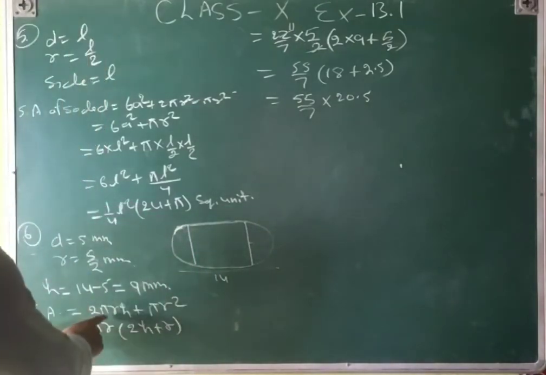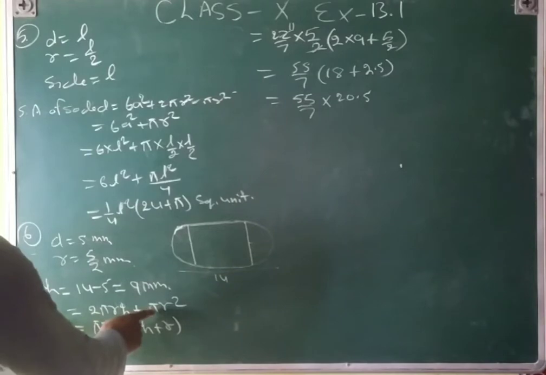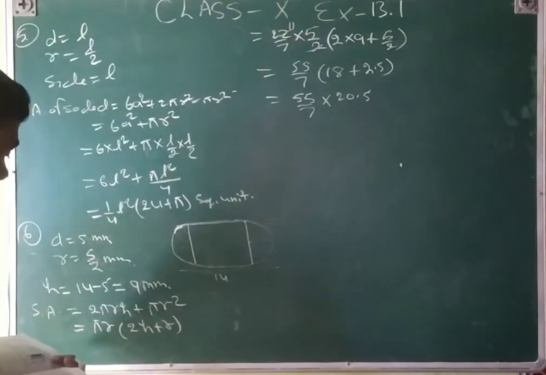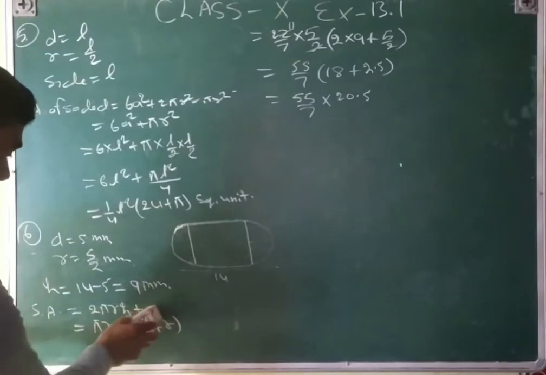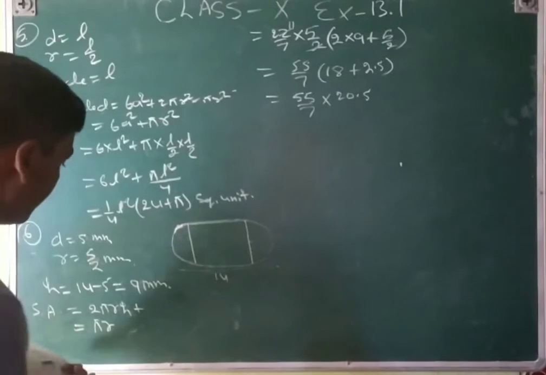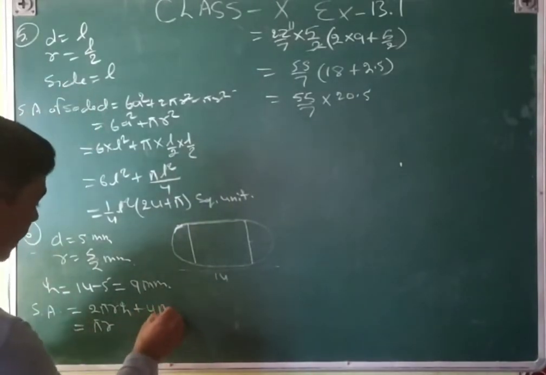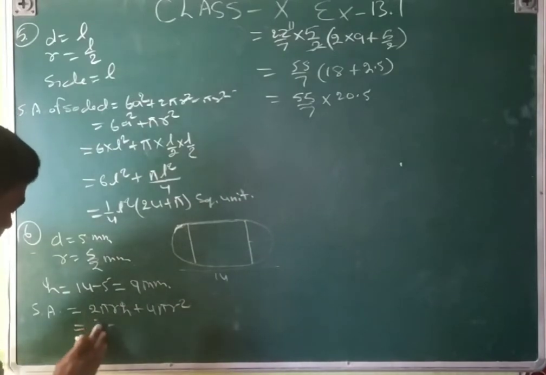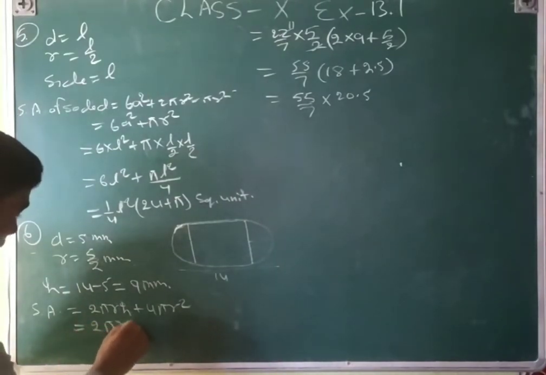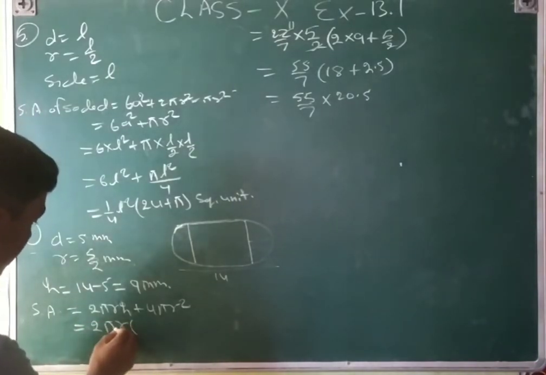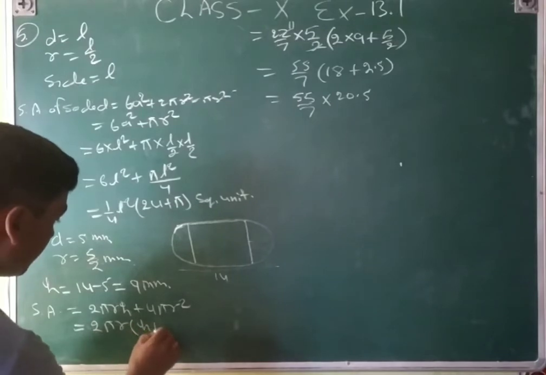That circle is 2 pi r square. Just wait here. That will be 4 pi r square. This is not a circle, this is a hemisphere, so that is a sphere. So 2 pi r is common, and what is left will be h plus 2r.